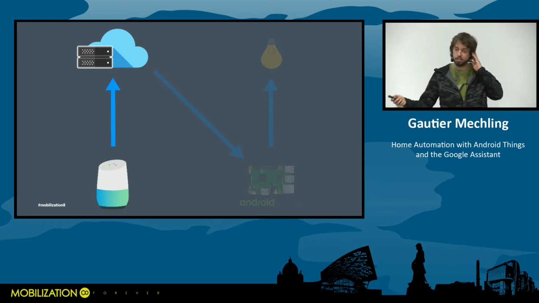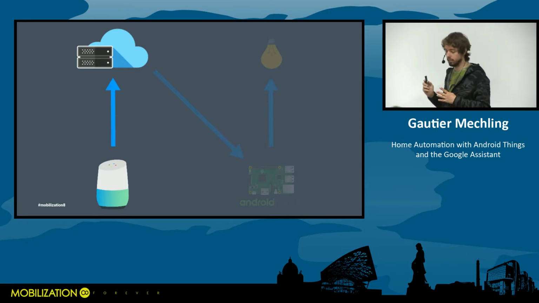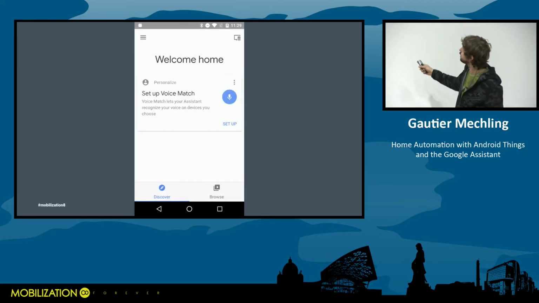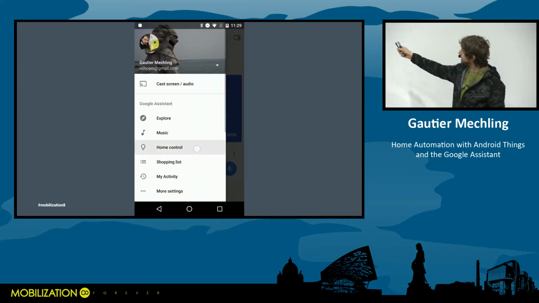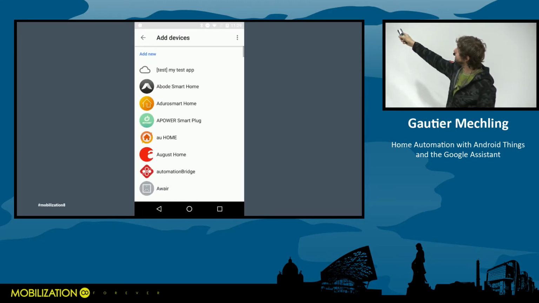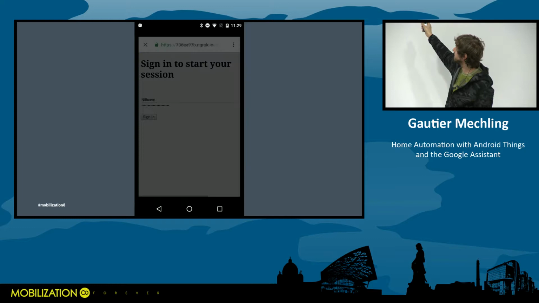Okay, the Google Assistant is now able to send a sync action to your Google Cloud Function, so now we can try it to see if it works. For that, you can start the Google Home app on your phone. You select Home Control and add a new device. Here you can see the Actions on Google test project you saw earlier. It will redirect to the OAuth server so the Google Assistant can get a token.